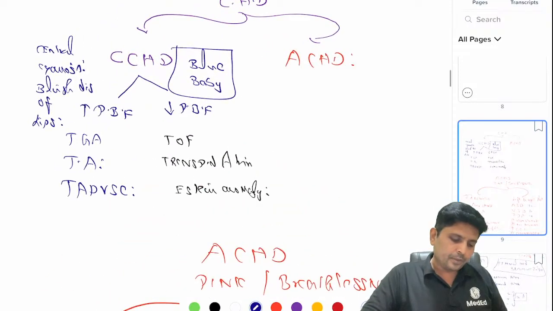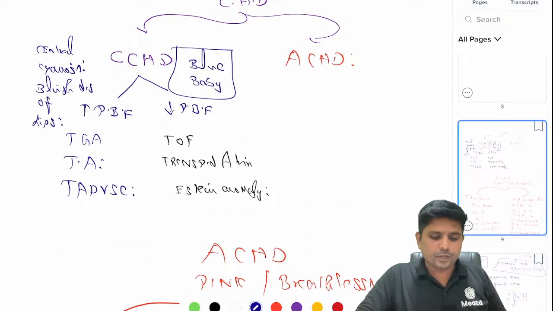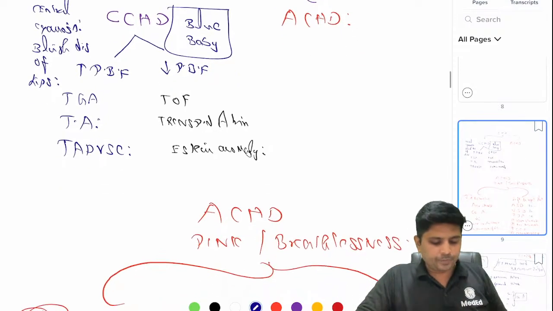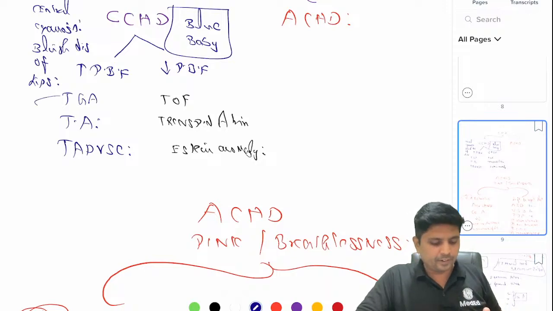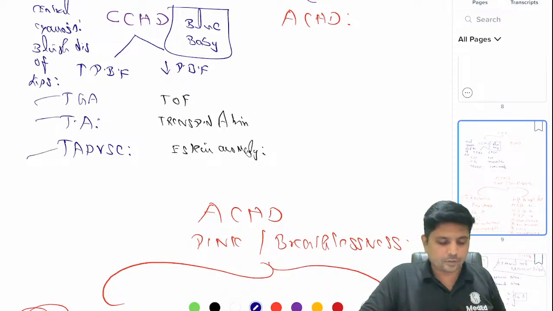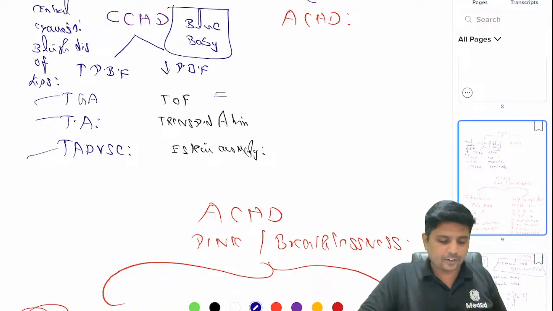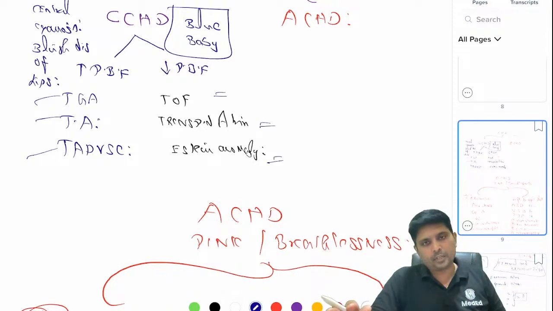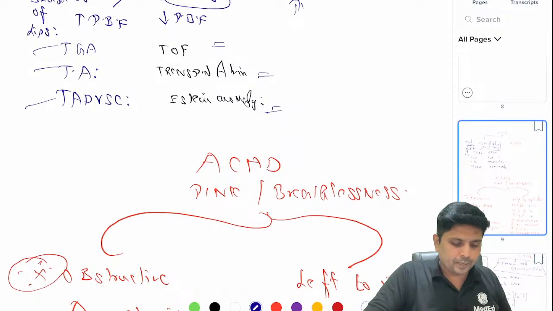I repeat, cyanotic congenital heart disease, with increased or decreased pulmonary blood flow, they are blue babies. Increased pulmonary blood flow is divided into TGA, truncus arteriosus, and total anomalous pulmonary venous connection. Decreased pulmonary blood flow is characterized by tetralogy of Fallot, tricuspid atresia, and Ebstein. Acyanotic congenital heart diseases are called pink babies.